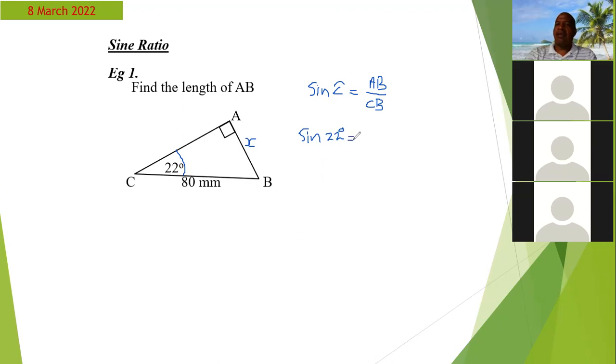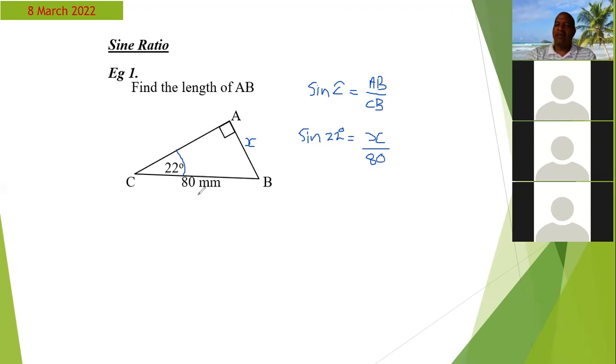Now, that would be equal to the X that you're trying to find, over the side that you know in terms of its value. So that would be over 80 millimeters.